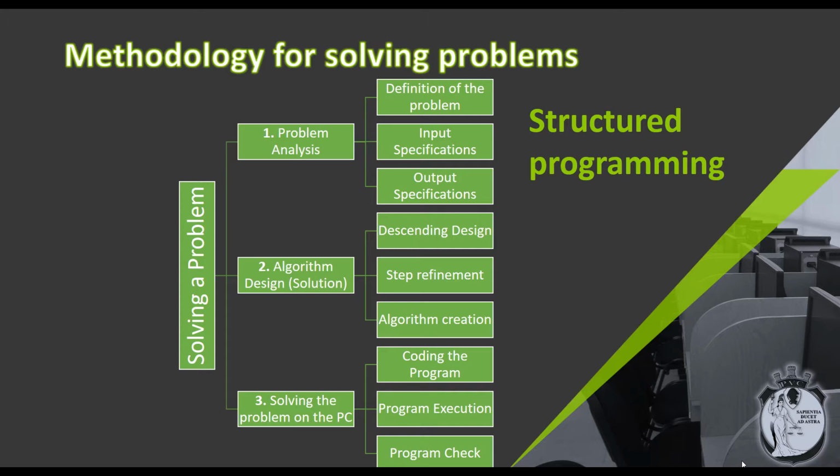Now you need to understand what the output of the program is. For that program, the output is the result of the addition. Now when you understand that, you are making an analysis.